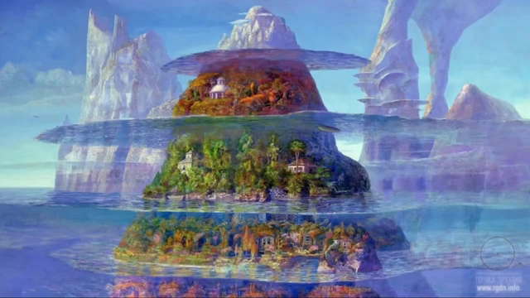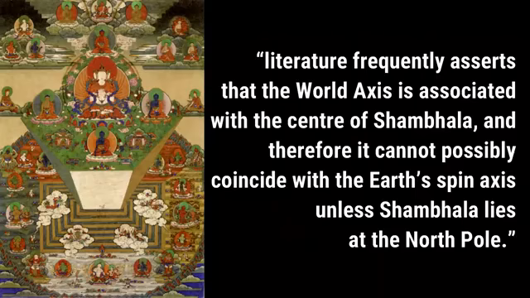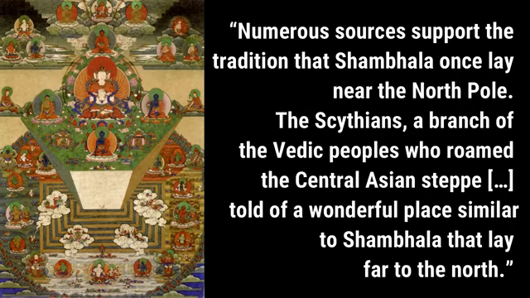Scholars have pondered the location of Shambhala, writing that the literature frequently asserts that the world axis is associated with the center of Shambhala, and therefore it cannot possibly coincide with the Earth's spin axis unless Shambhala lies at the North Pole. Numerous sources support the tradition that Shambhala once lay near the North Pole.